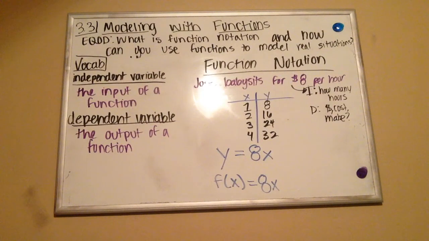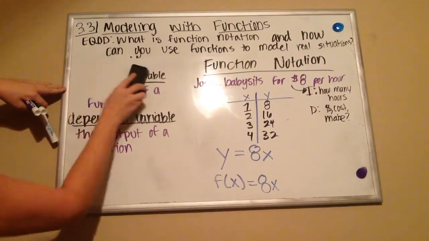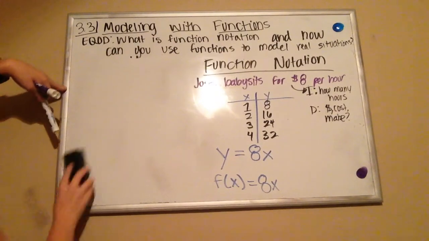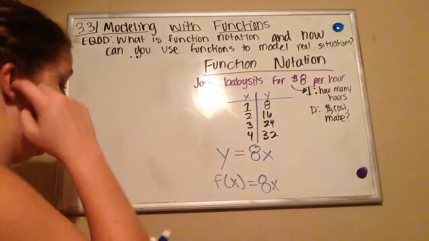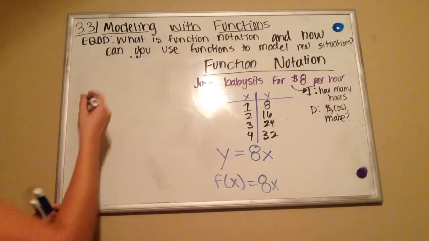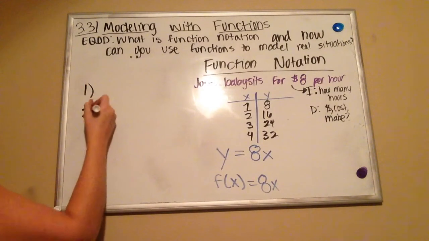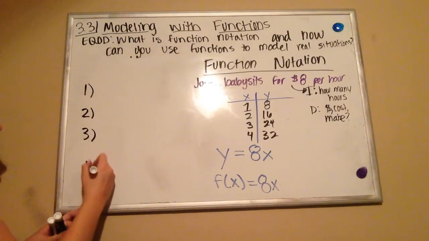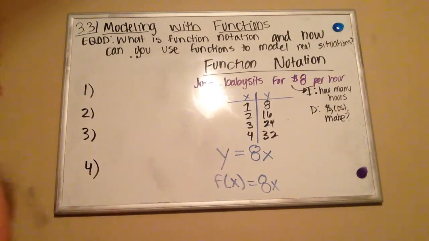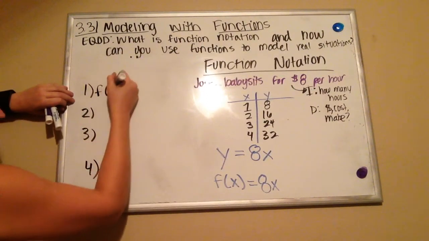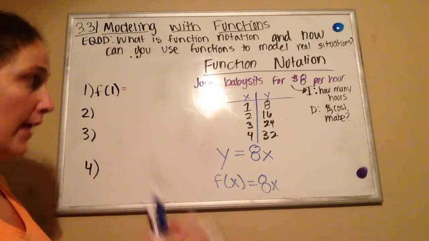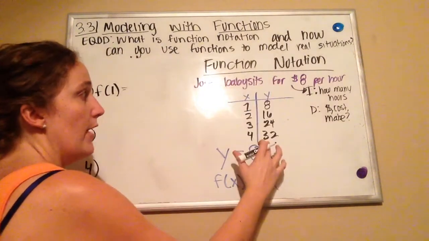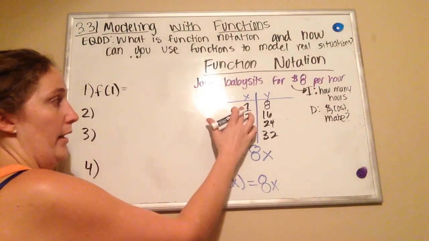So let's look at some examples of what function notation actually means and how we see it. So the f of x is where people really start getting confused. Like, why are they not just using the y? Why do we have to use this weird f of x? So we're going to look at some examples for this chart here. Okay? If I ask you for the value of f of 1, it is saying, what is the y value when x is 1?